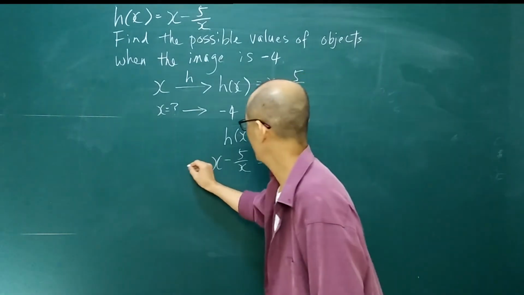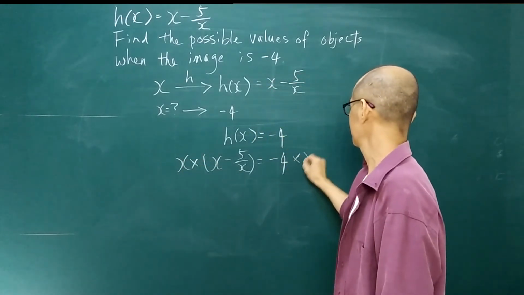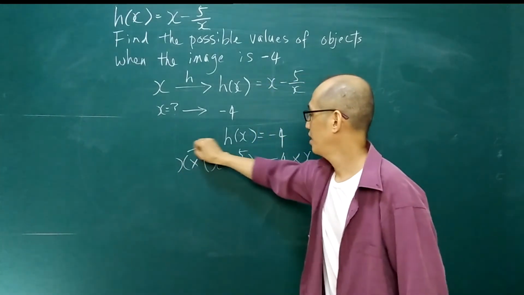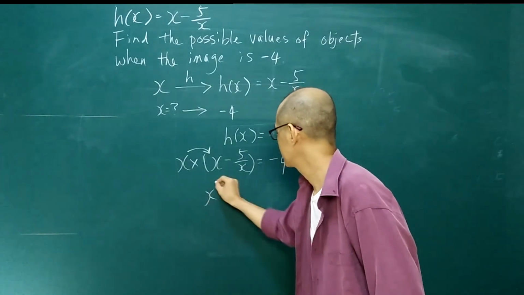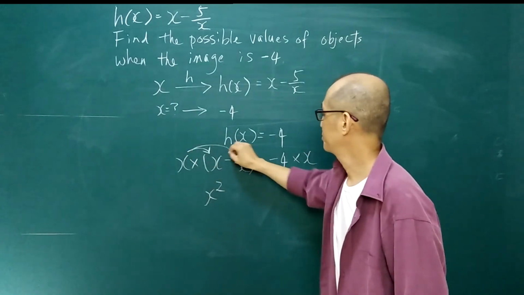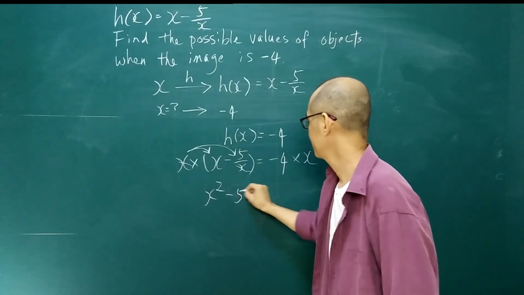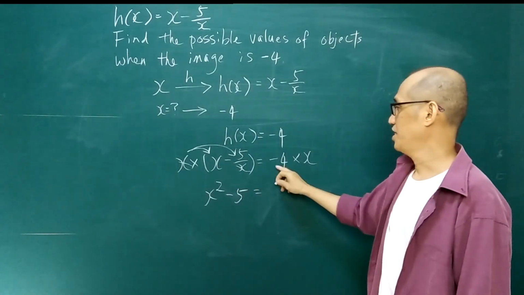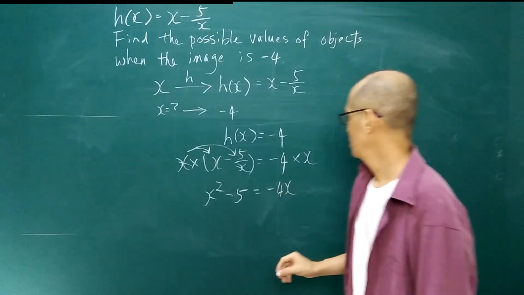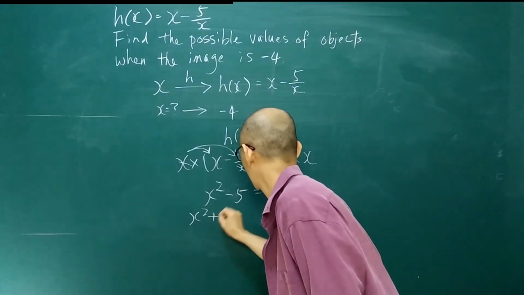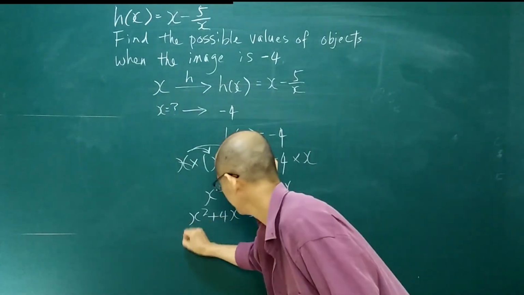What we do here is to multiply both sides by x. x times x, we get x squared. x times this one, we get -5. -4 times x, we get -4x. So we have, we factorize it.